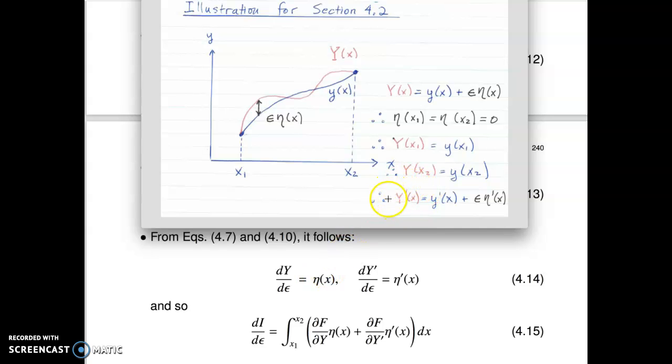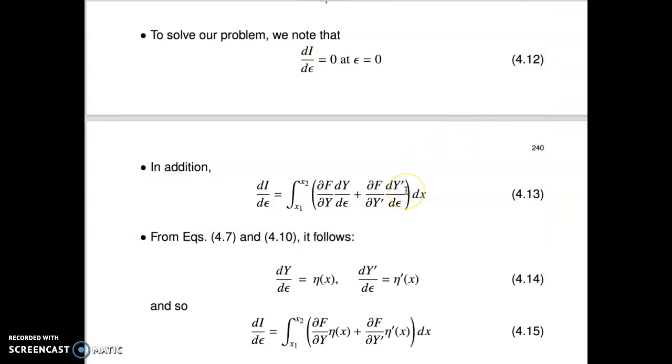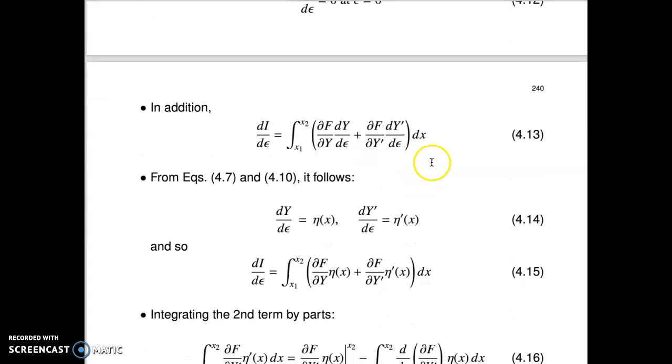But dY primed by d epsilon, that's this. If you take the derivative with respect to epsilon, I only see an epsilon here. That derivative is clearly eta primed. So let's make that substitution into equation 4.13.